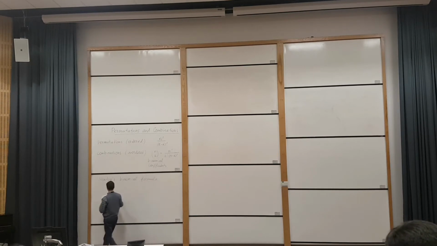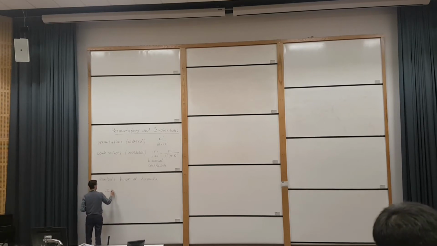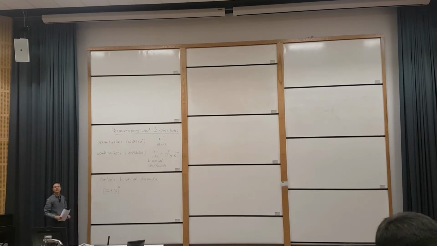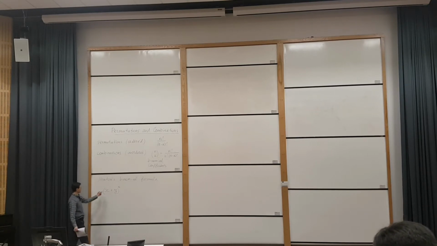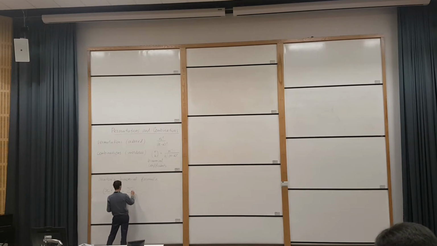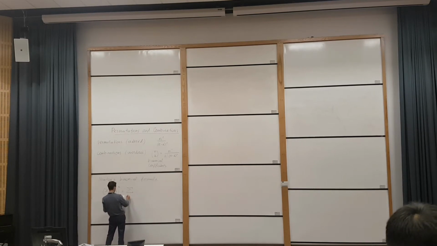So Newton's binomial formula tells you how to expand an nth power of a sum of two variables, x and y. I will use the summation notation. I will explain what it means in a moment.